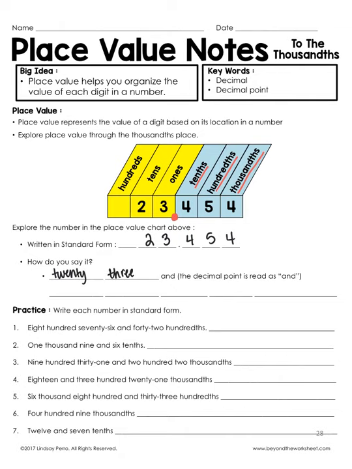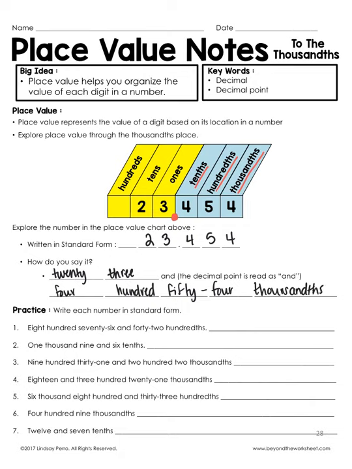The decimal point is read as the word and, so 23 and 454 thousandths. That TH, again, is very important.